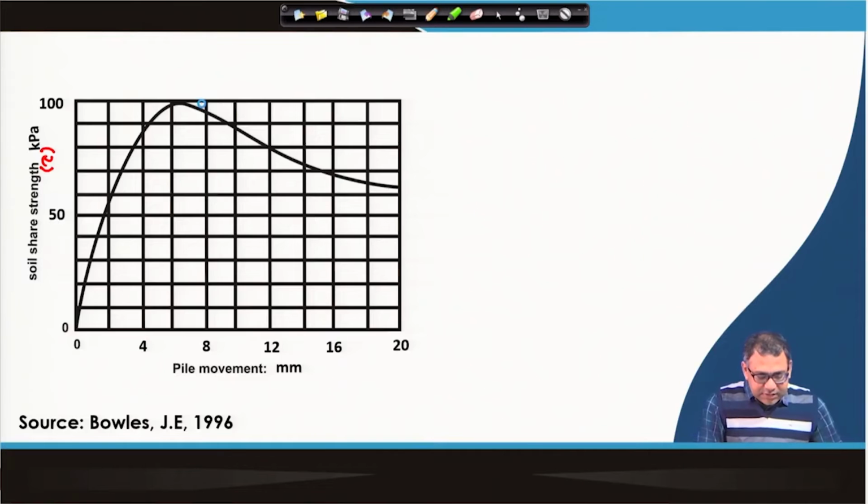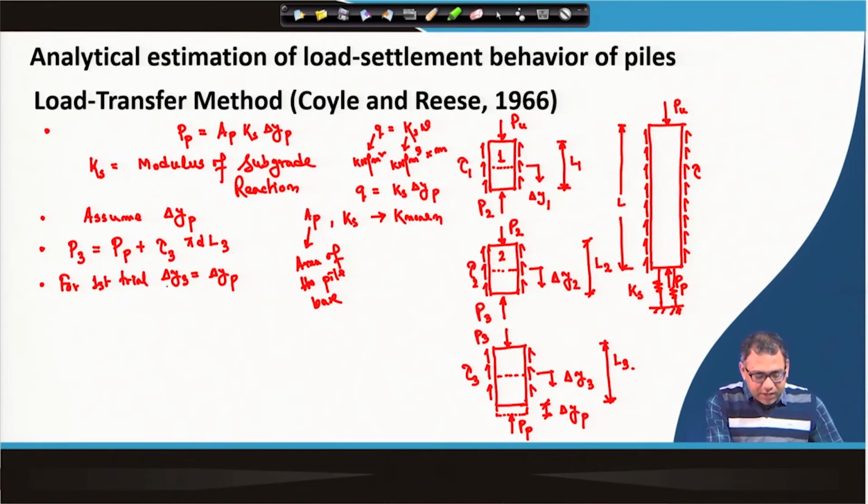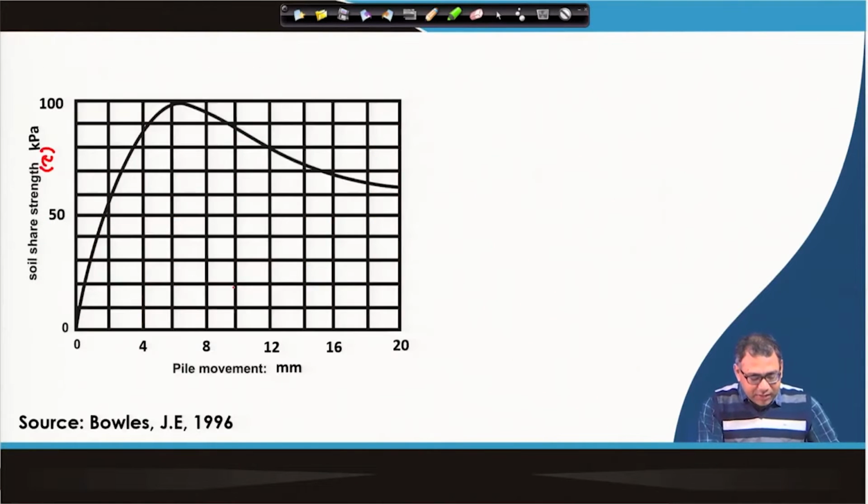In the first trial, we have taken del y 3 equal to del y p, and del y p we have assumed as a small value. Now that value we take as del y 3. Once we know del y 3, the deformation, the corresponding tau value we will get from this curve.